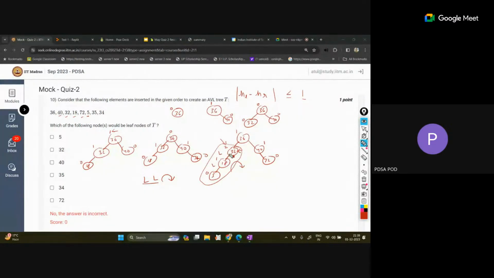So this 18 will come at 32's place, 32 will move to the right side one position, and this 5 will also shift one position up. So we will get 36, 40, 72, and this will become 18 here and 32 here, and now 5.